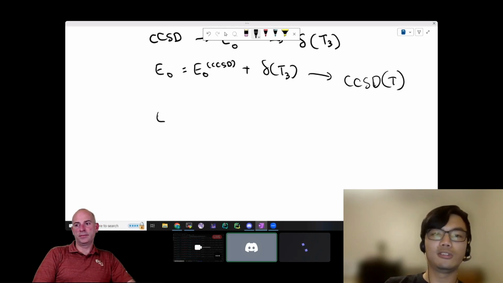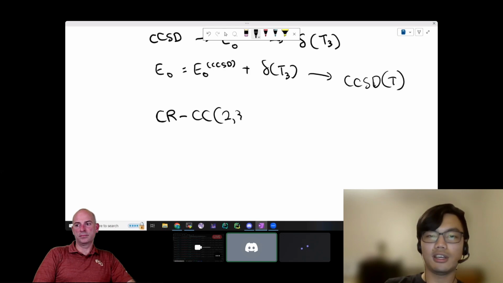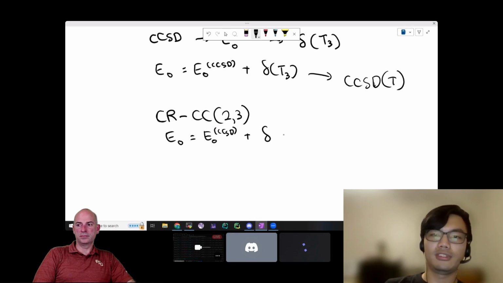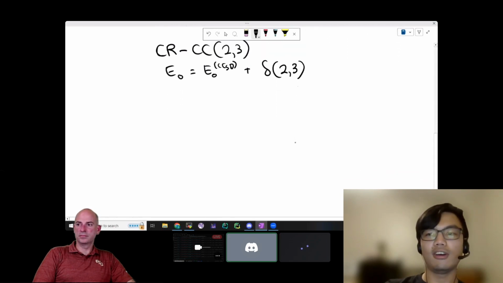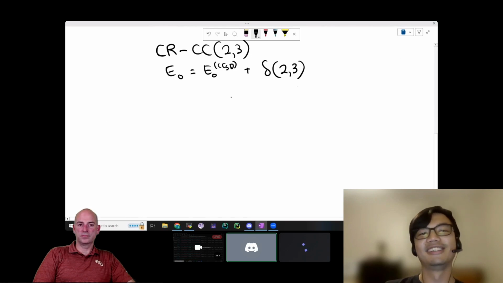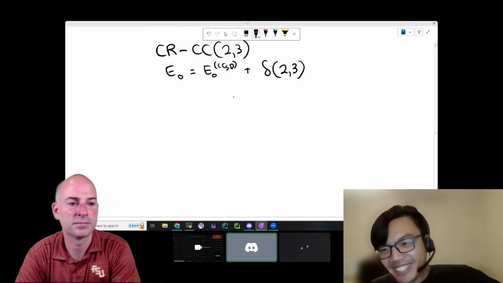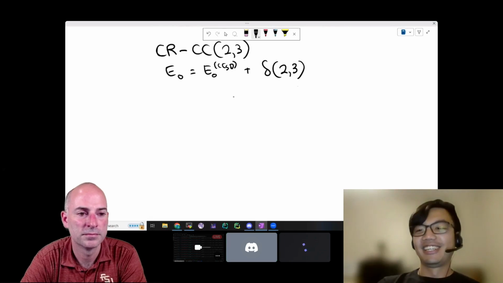I will look into a series of methods called CR-CC. In particular, we'll look at a method called CR-CC(2,3). Again, the energy is just E of CCSD plus a correction (2,3). And this correction is actually not super complicated to build if you know coupled cluster. I guess that's the caveat.